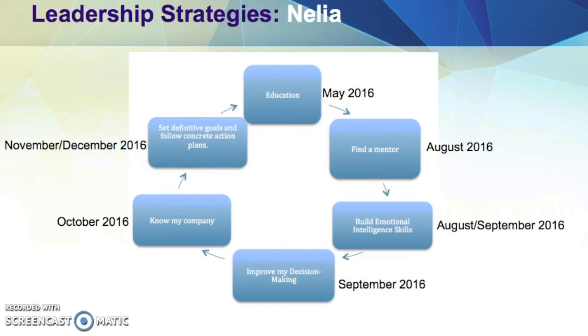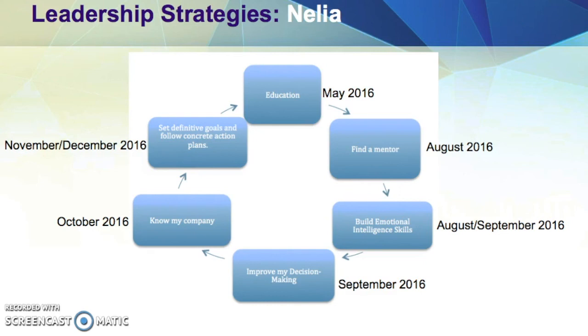I will continue knowing my company. I'm fairly new in this job and it has so many things going on. And right now they're expanding services. And I want to know different job functions and positions because I would love to develop different perspectives on what I would like to do later.